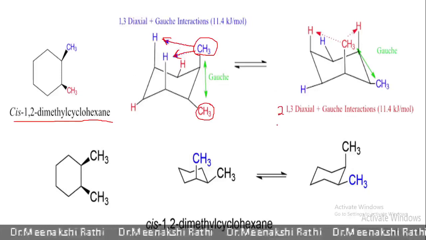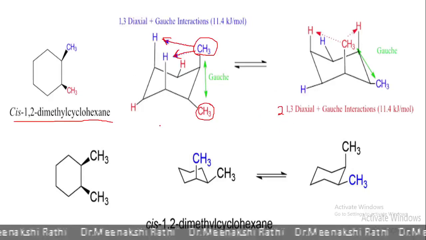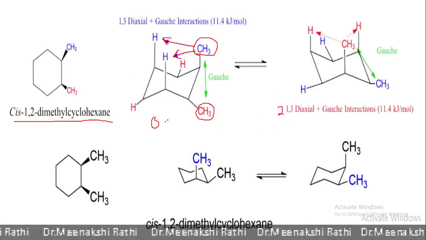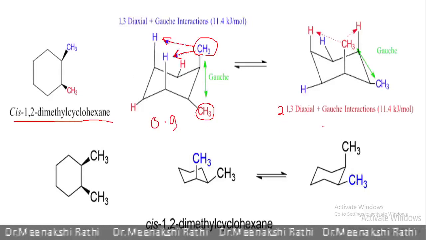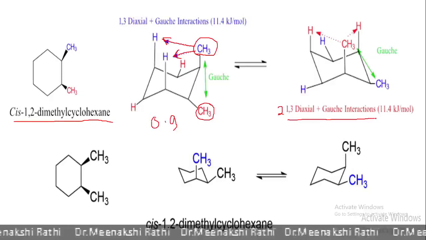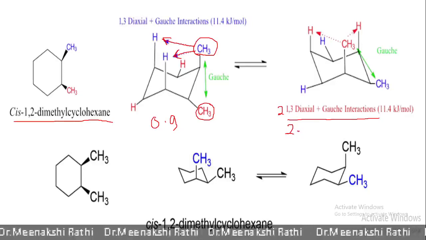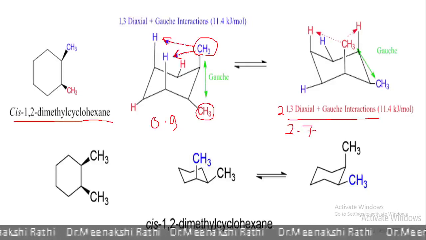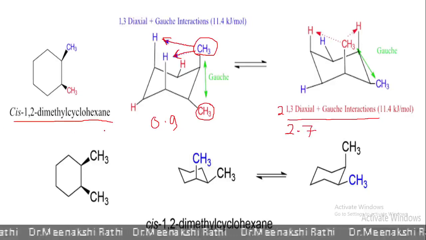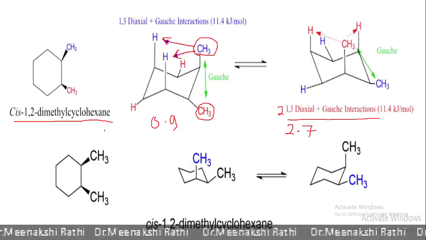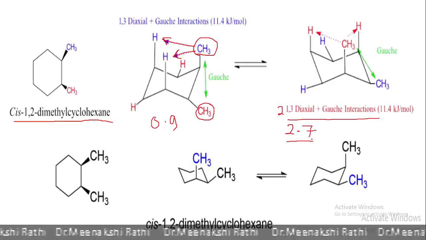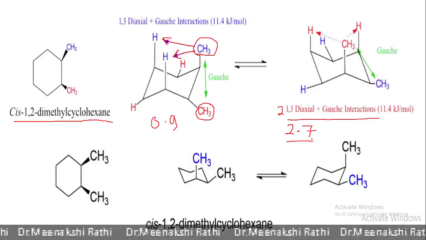For each interaction, the energy is 0.9 kilocalorie. As here, a total of 3 interactions are there, the total energy of cis 1,2-dimethyl cyclohexane is 2.7 kilocalorie per mole.